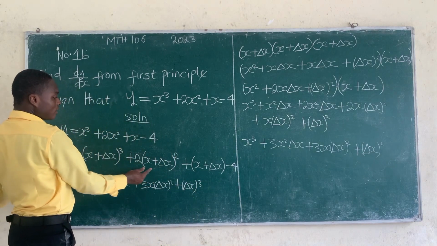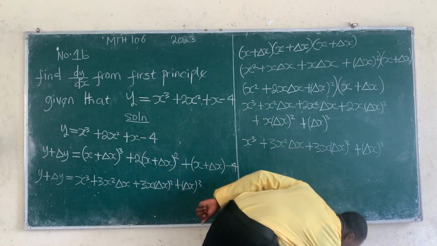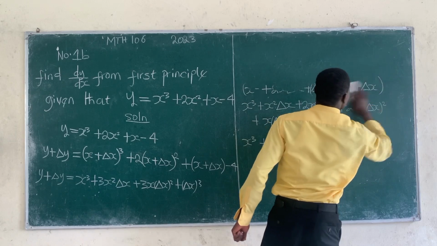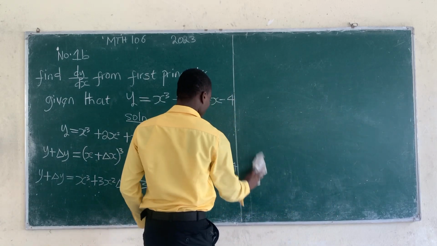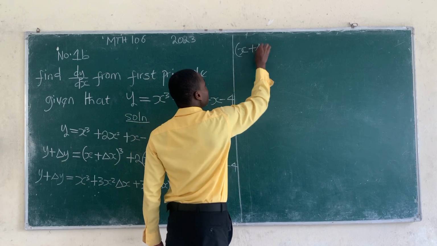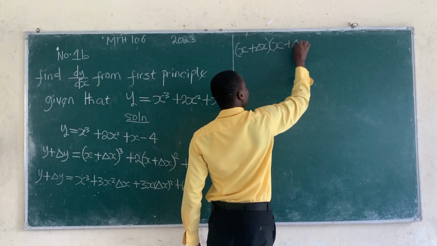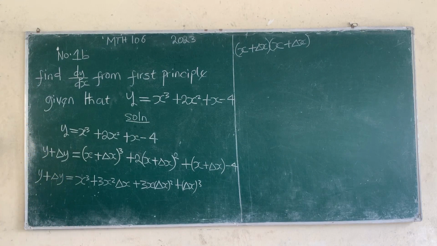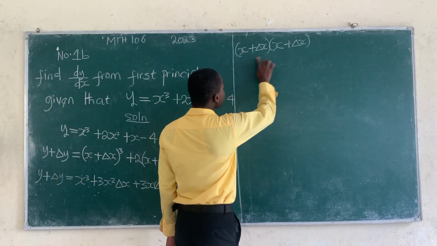Now let's expand x plus increase in x square. Let's quickly expand x plus increase in x square. So this is the same thing as saying x plus increase in x into x plus increase in x. So we are going to multiply this out.